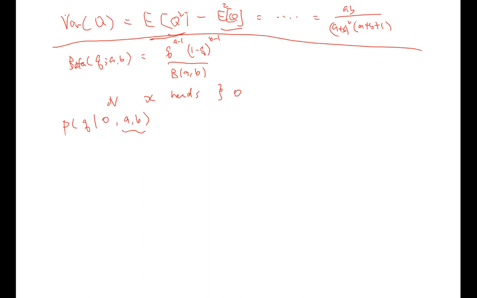I want to find the distribution of Q, the true probability of heads, given the observation and given the prior that is beta AB. And we know that this is proportional to my prior probability, QAB here.